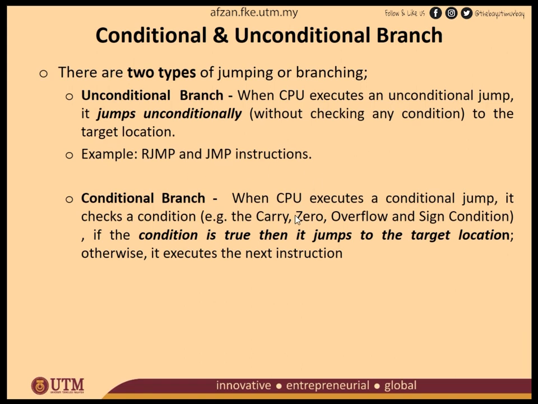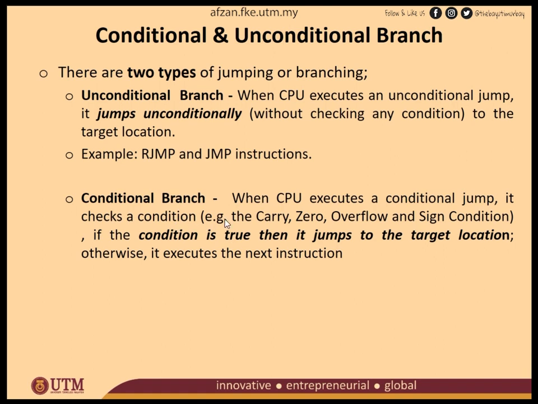Next we have the conditional branch. When the CPU executes a conditional jump, it checks a condition. Before the CPU jumps to the target location, it needs to check the condition first. If the condition is met, then the CPU will jump to the target location.